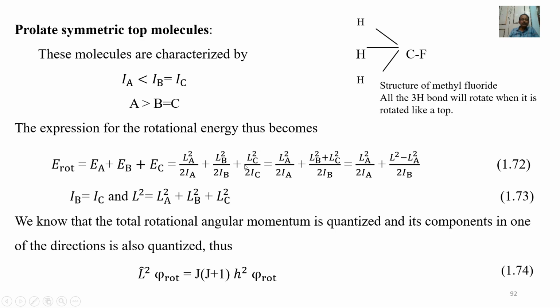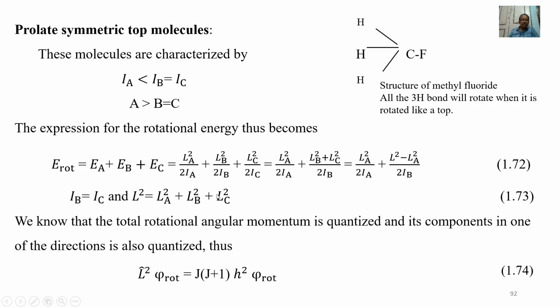And of course, we know that here LA plus LB plus LC. So we can write this as LA squared divided by 2IA plus LB squared plus LC squared, which can be replaced by L squared minus LA squared, because L squared equals LA squared plus LB squared plus LC squared.